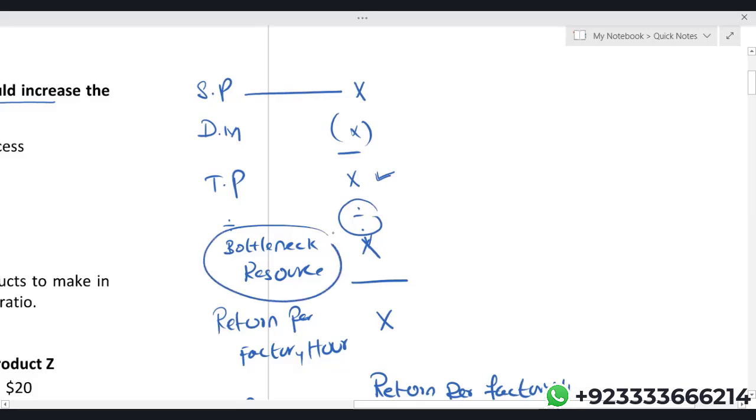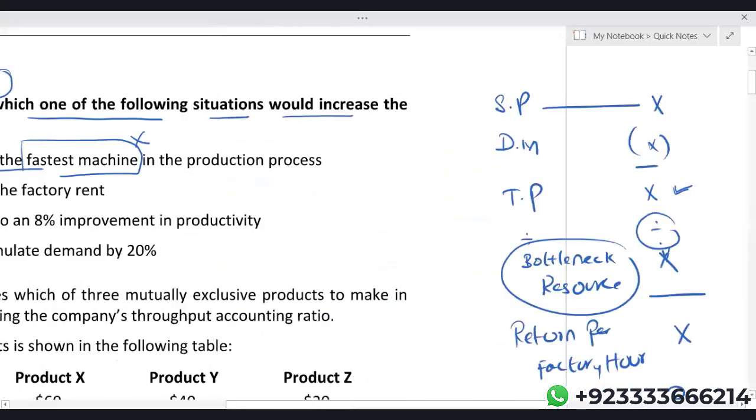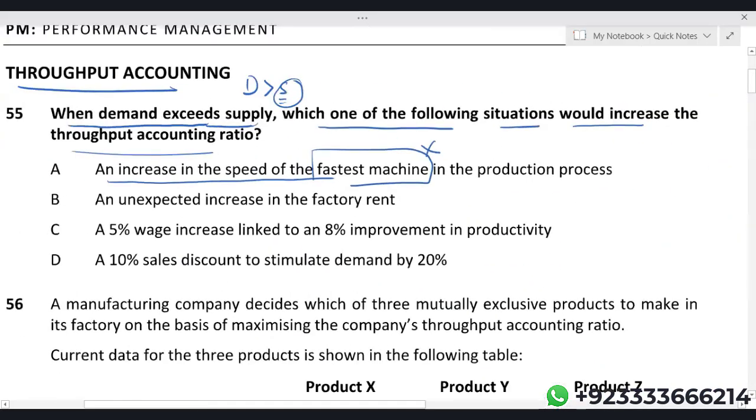The bottleneck resource is your slowest process, your slowest machine, not the fastest machine. We calculate return per factory hour on the basis of the bottleneck, the process which is the slowest, not the fastest. That is why statement number 1 is incorrect.